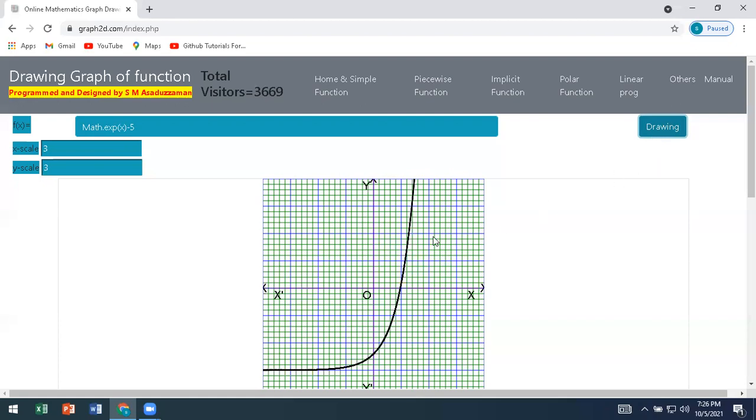We can also find the coordinate by pressing on the graph and clicking the mouse pointer. Then we get the coordinate on the graph.